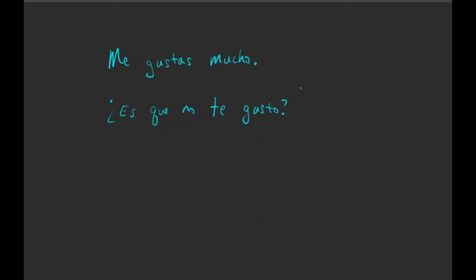So what that sentence would say is, I like you a lot. And then the follow-up question says, ¿es que no te gusto? That's asking, like, is it that you don't like me? Because gusto is put in the yo form. So gustar means to please. I'm the one pleasing. And then te is the indirect object pronoun, and so that would be you. So es que no te gusto means, is it that you don't like me?